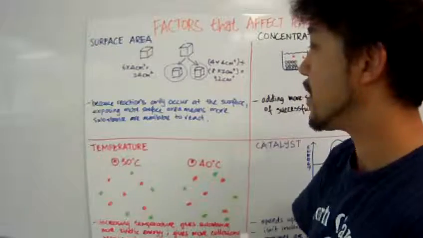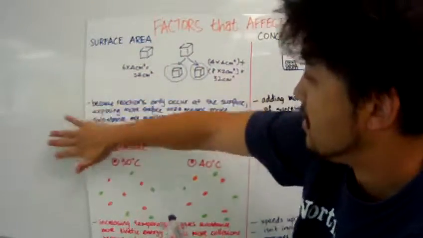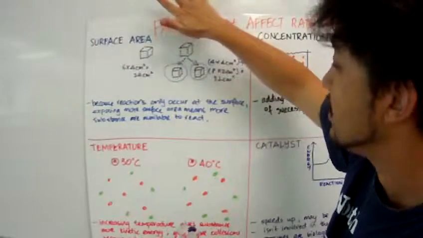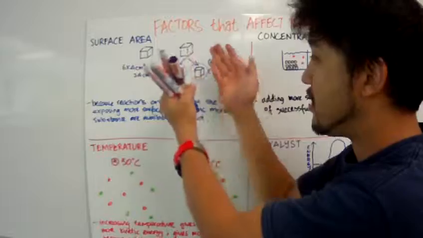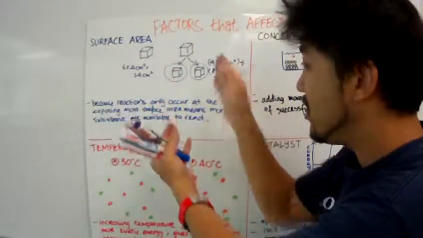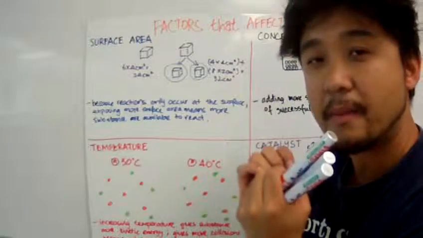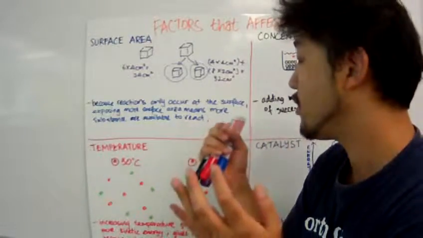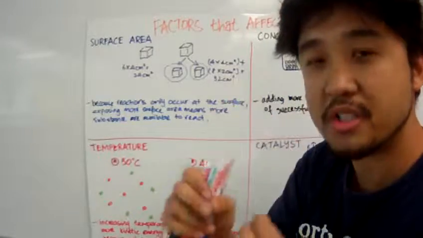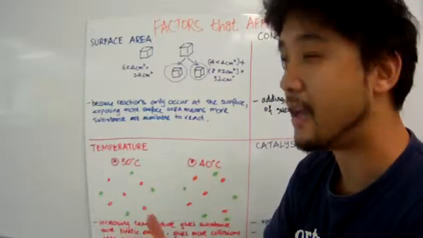Now, because reactions only occur at the surface, alright, by cutting it in half, or even into smaller pieces, you expose more surface area, and that means more substances are available to react.